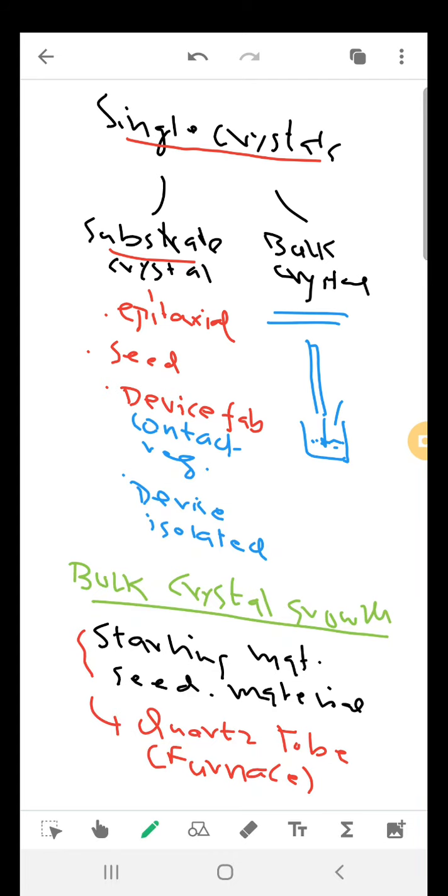That is why this technique is called furnace growth.